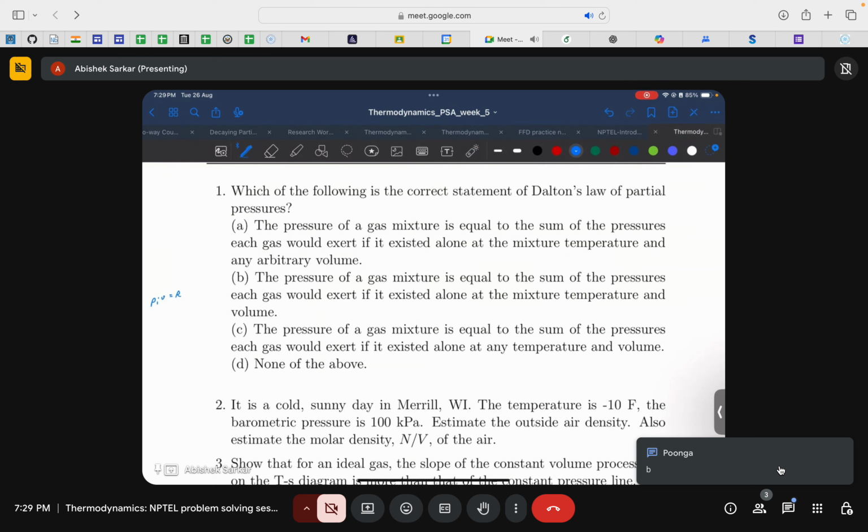That's what I wanted to show. Thank you. So the volume and the temperature has to be the mixture temperature and volume. So that's why I wanted to discuss that.